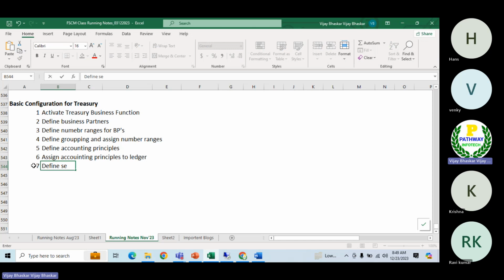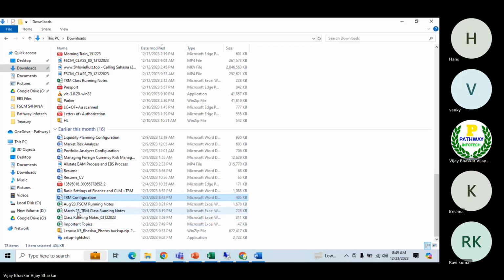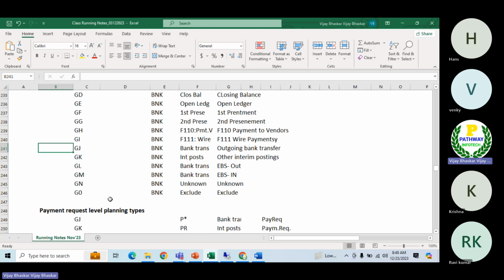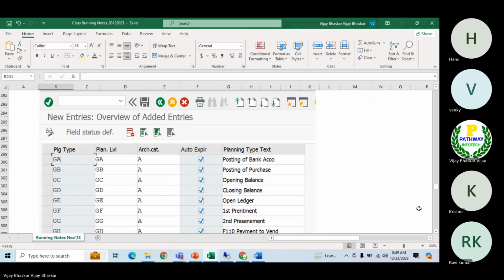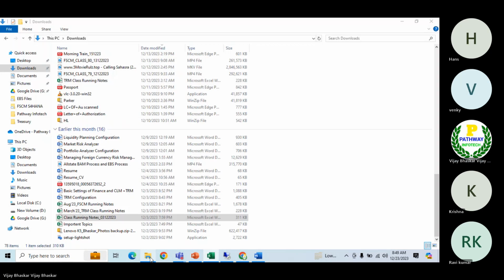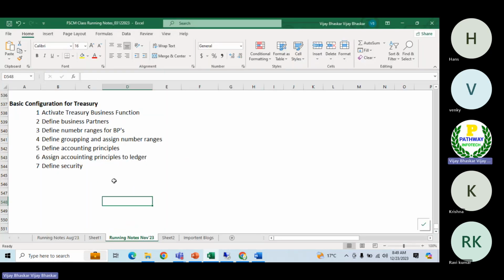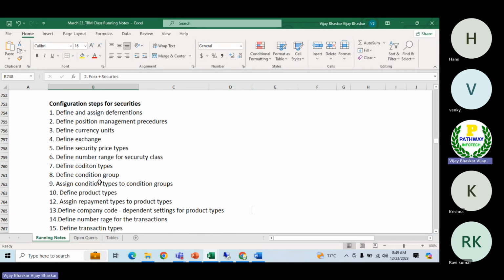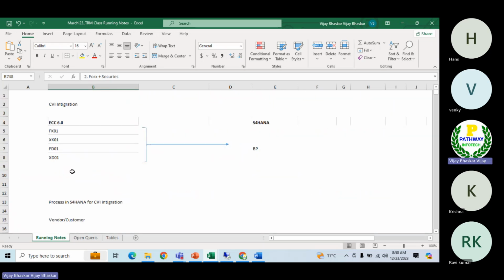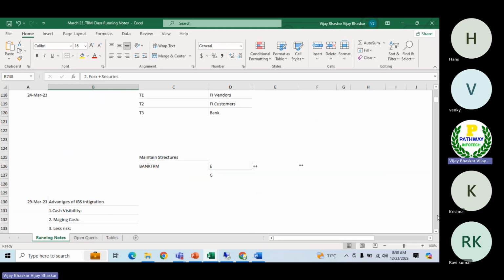Then define security. Why don't we use the existing one, right? One second, let me copy this all together, because the configure, define and assign security is this one. It's already done.